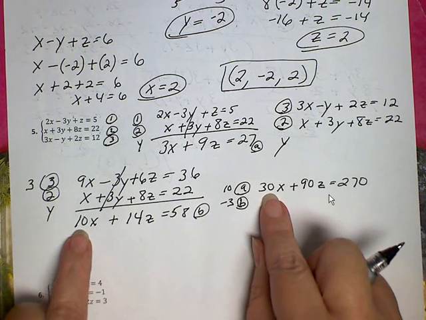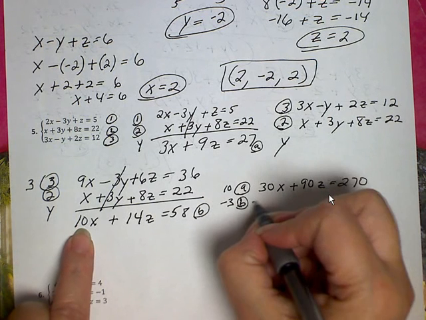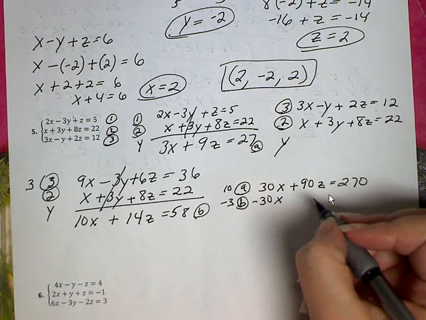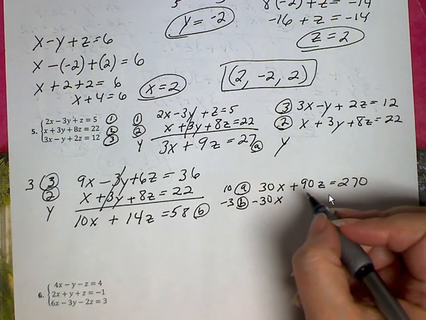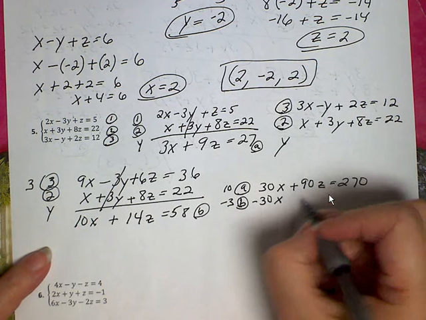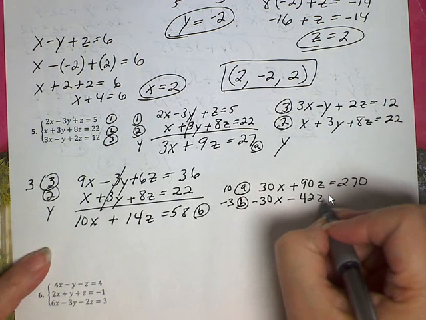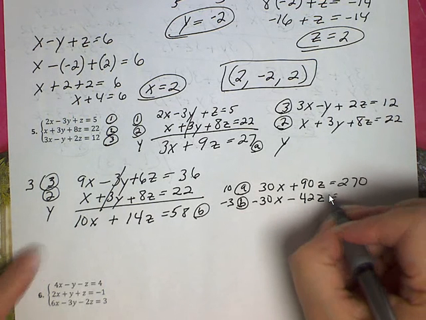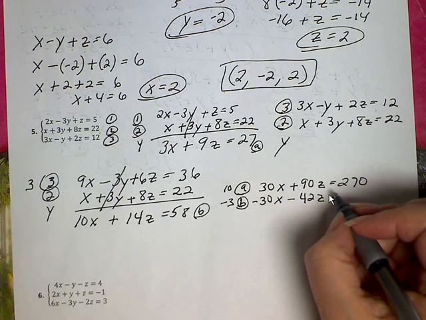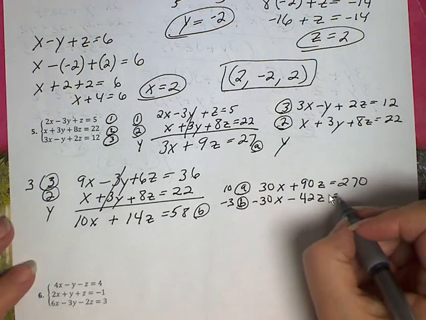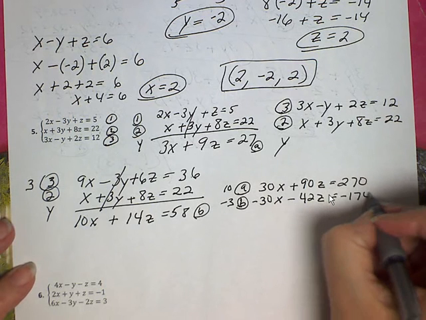So I go negative 30x, 14 times negative 3 is a negative 42z, and then 58 times a negative 3 is a negative 174.